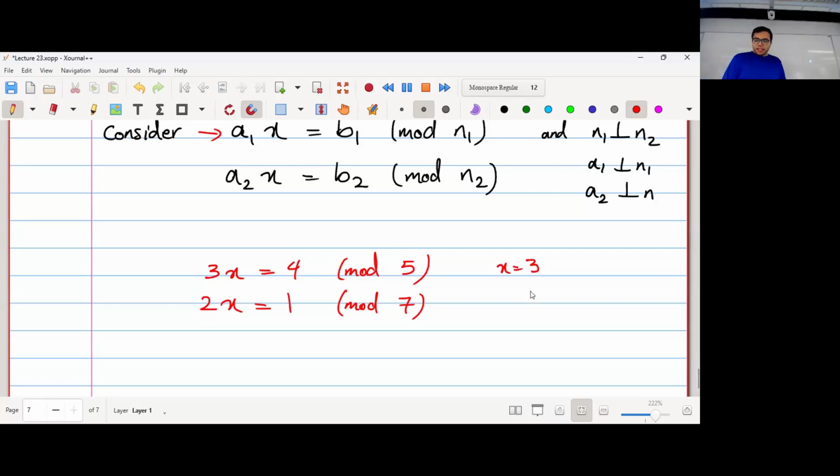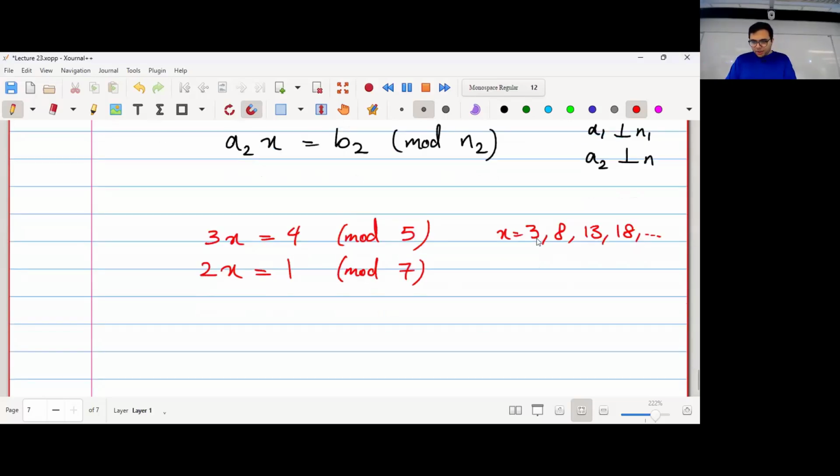But again, this is 3 modulo 5. So I can add 5 to it. I can set x to 8. And that's also a solution. Right? I can add another 5 to it, 13, 18, so on. These are all solutions. Okay. So what are the solutions to this? They're basically take this first solution and every time add 5.